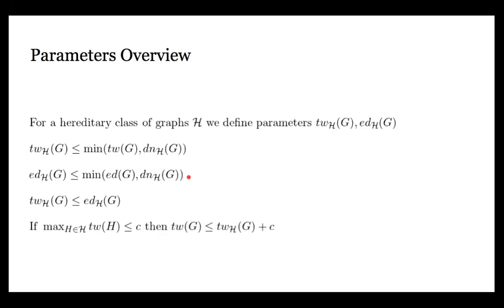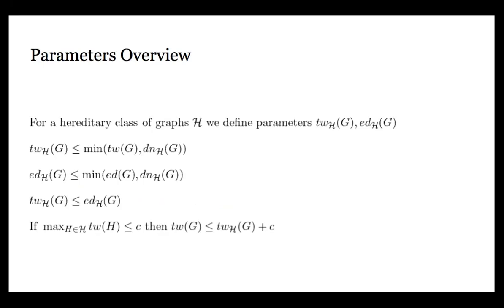As we have the relation between tree width and elimination depth, that tree width is always upper bounded by elimination depth, the same holds for H tree width and elimination distance to H. The last important property is that if we consider a class H of bounded tree width, then these new measures don't give us much, because then we can turn a tree H decomposition into a regular tree decomposition by extending the width by a constant.